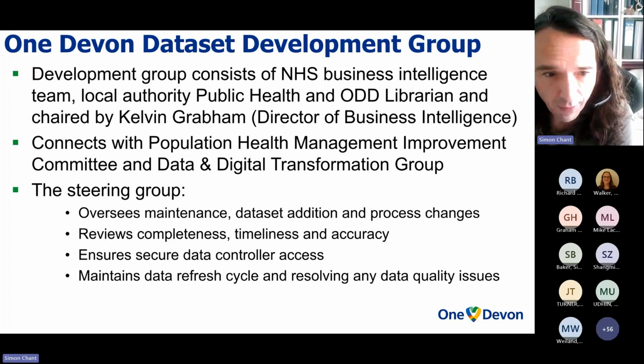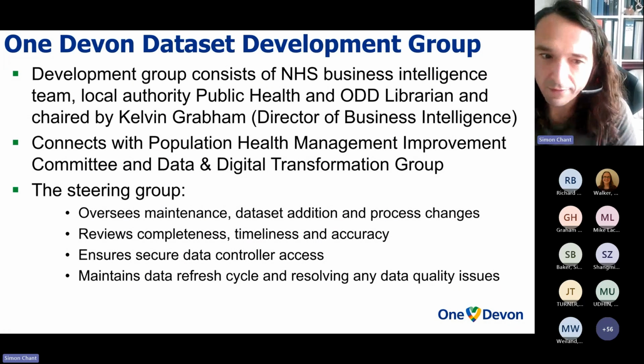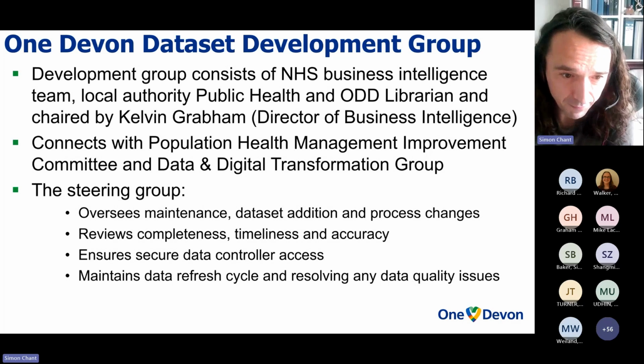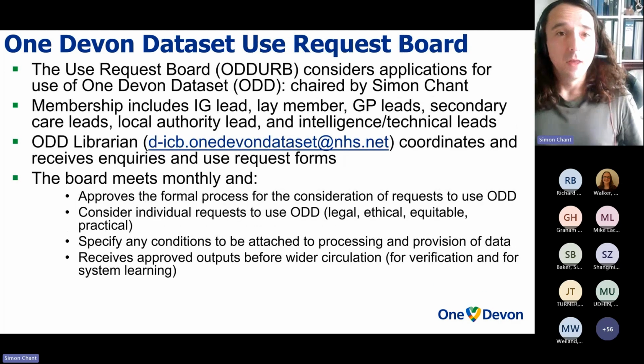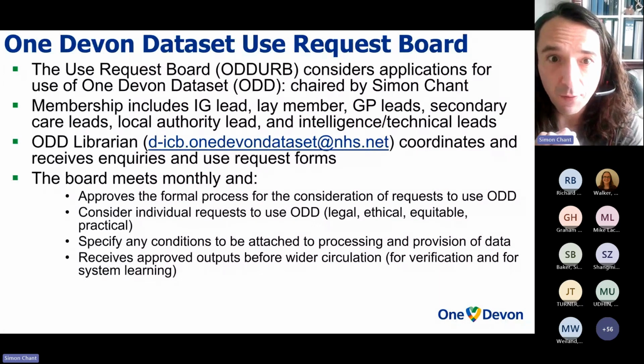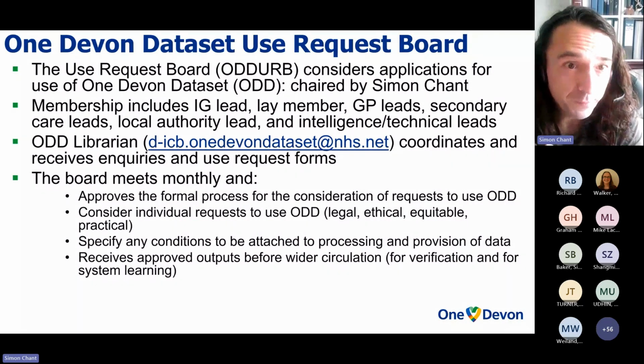The steering group is about overseeing and maintaining that data set and doing those data quality checks and acting in that assurance role to make sure everything is running effectively and efficiently. The other main group is the use request board. Any uses of the One Devon dataset will go through this group, and that's chaired by myself. Within that, we've got quite a diverse membership.